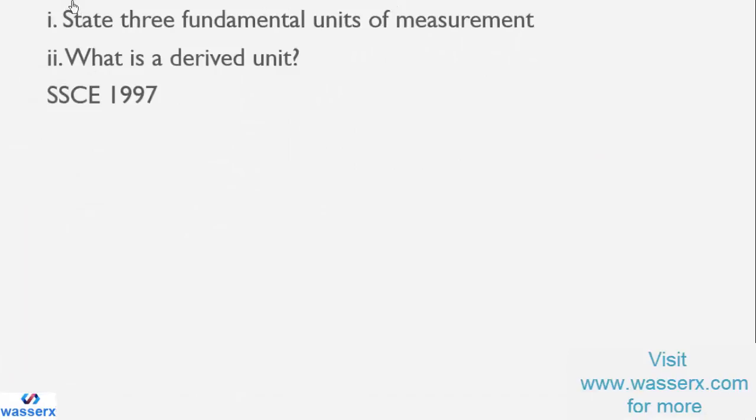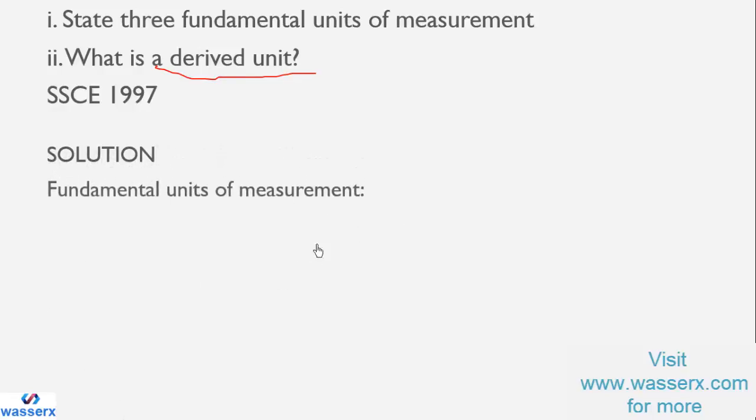Now let's look at another example from SSCE 1997. We are supposed to state 3 fundamental units of measurement, and also define what a derived unit is. So let's look at the solution. We've looked at various fundamental units, so we can mention any of them.